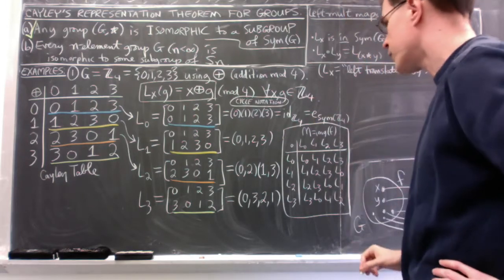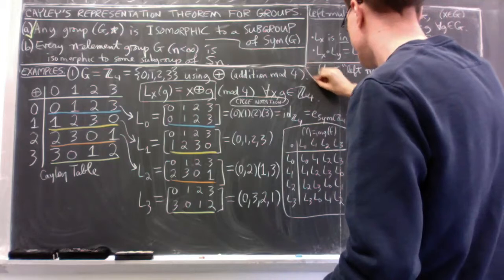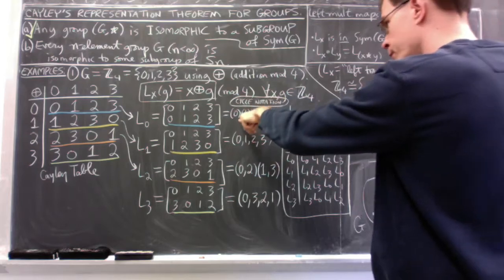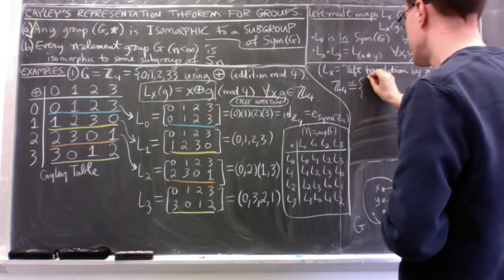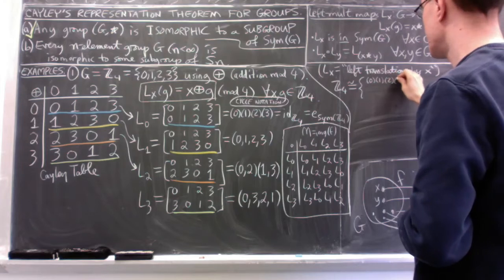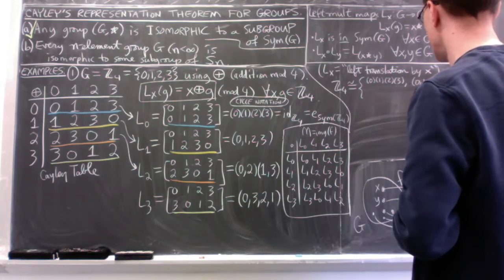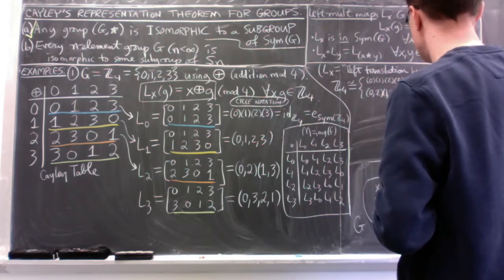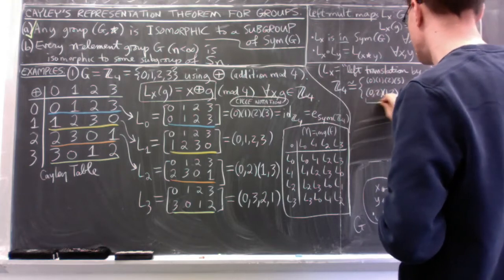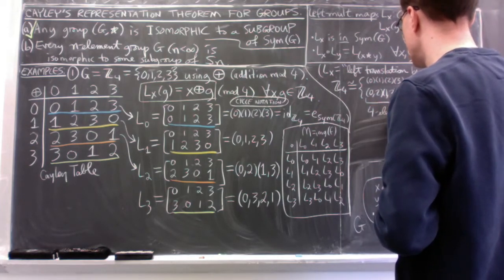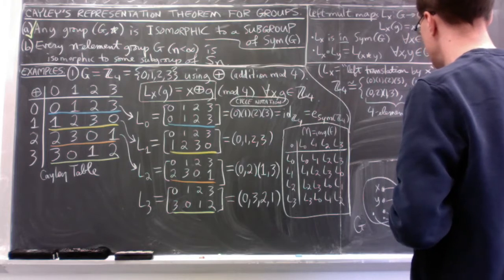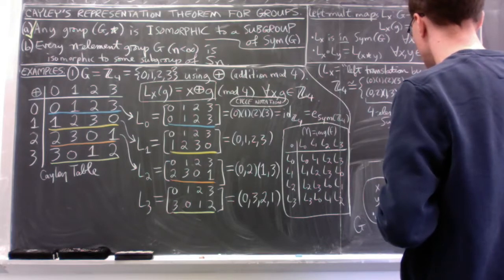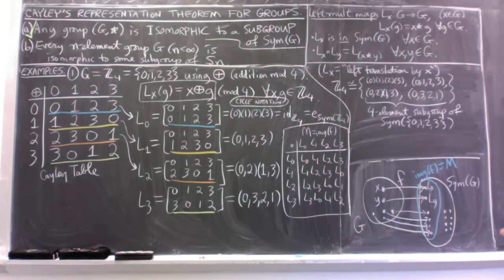So in other words, to summarize, Z4, the integers mod 4 under addition mod 4, is isomorphic to the particular subgroup of this symmetric group consisting of these 4 elements: the identity, 0 1 2 3, 0 2 1 3, and 0 3 2 1, which is a 4-element subgroup of Sym of 0, 1, 2, 3, as promised by the theorem.